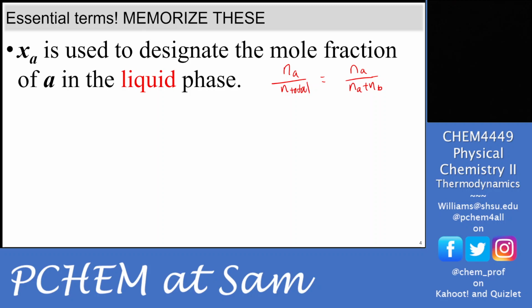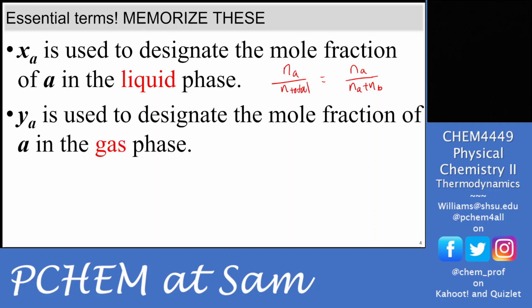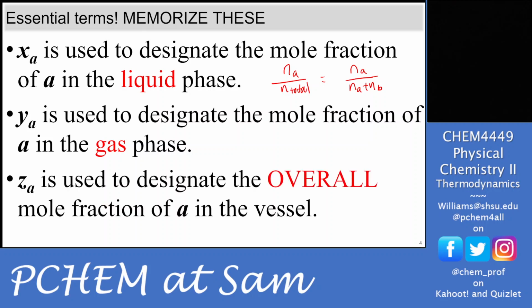Then we'll have, specifically in this set of notes, Y. YA designates the mole fraction in the gas phase. So we are dealing with mixtures in the liquid phase and their vapor pressures, in equilibrium with the gas. And then ZA is used to designate the overall mole fraction of A in the vessel.